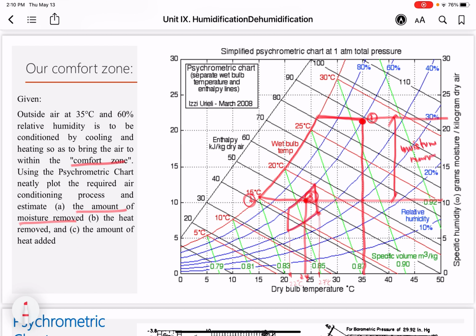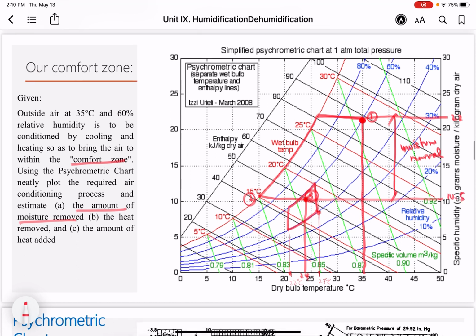And how are you going to get that one? If I am to read the percent moisture removed, that's around, this is 22, around this is 10.5.